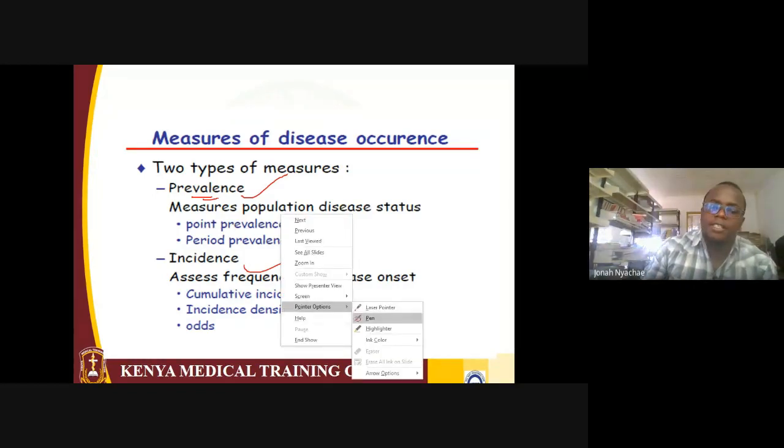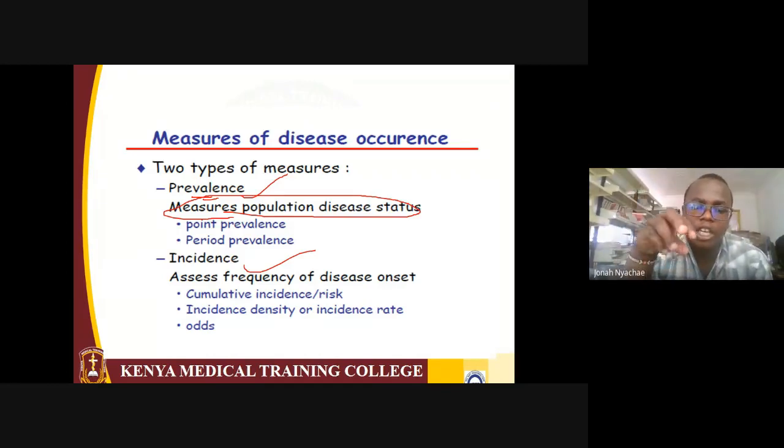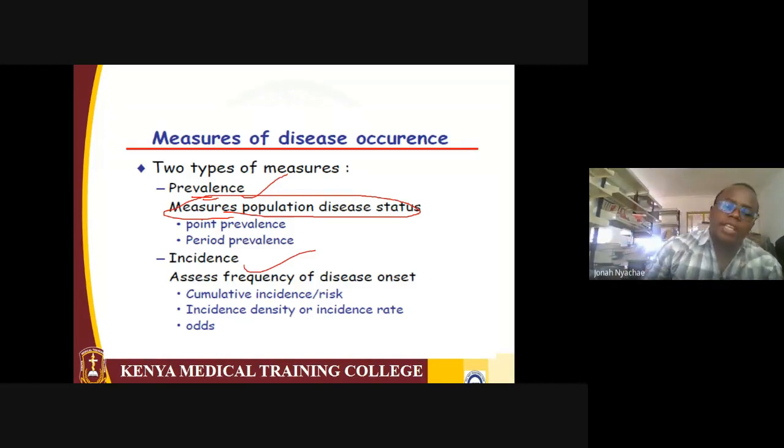The prevalence is the measure of disease status. So we already have disease in a particular community, and we are just coming in and trying to measure the disease status. In prevalence, we can measure what is called the point prevalence and the period prevalence.